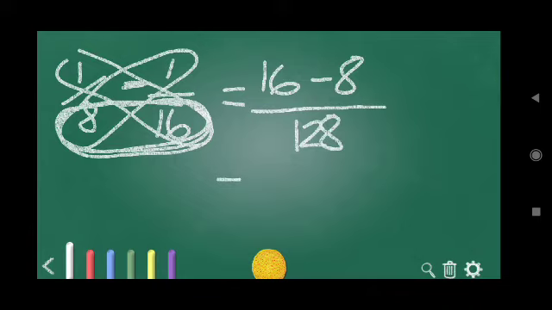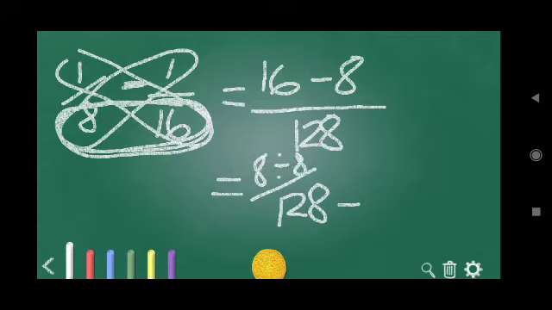128. So 16 minus 8 is 8 over 128. You reduce them, divide this by 8 because this can be divided by 8, and this can also be divided by 8. This becomes 1 over, 128 divided by 8, this gives you 16.